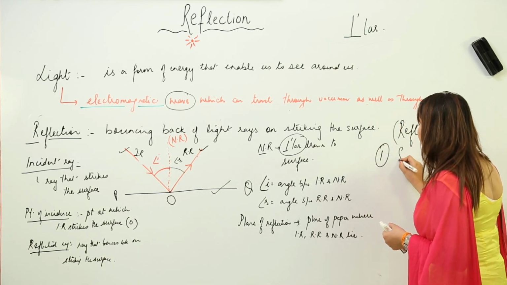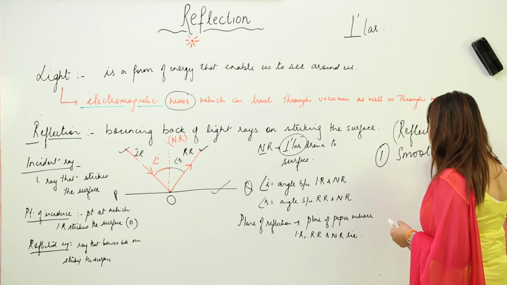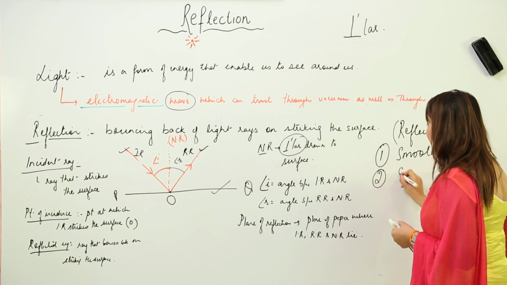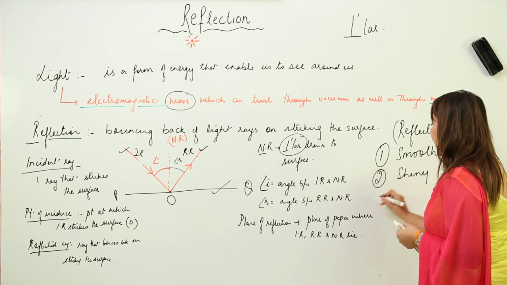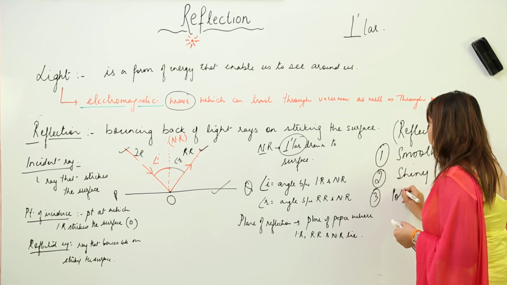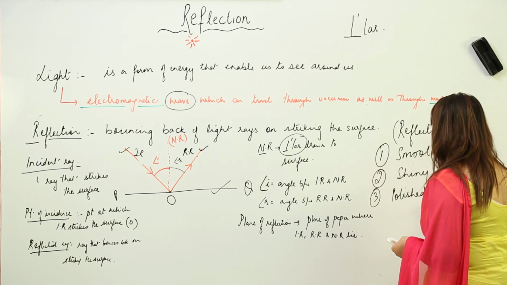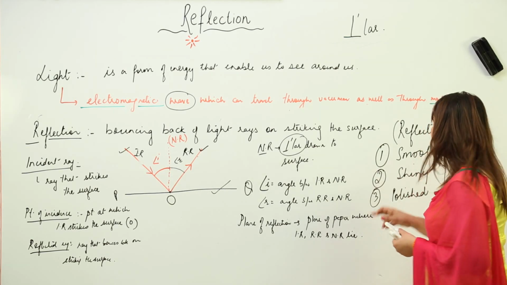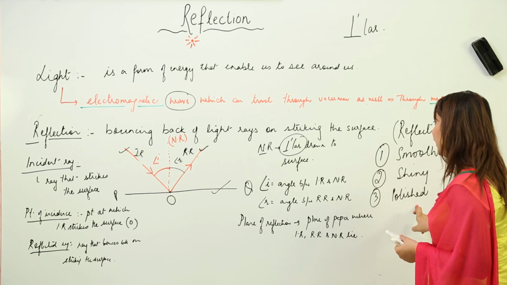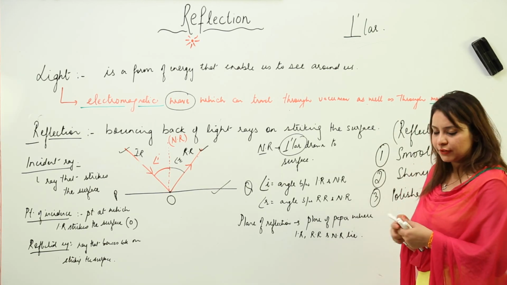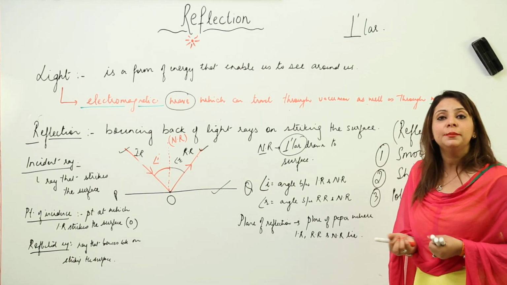We see that it should have a smooth surface, a shiny surface, and moreover a polished surface. Any surface fulfilling all these characteristics, smooth, shiny and polished, is regarded as a best reflector. And you will be curious to know which is the best reflector?